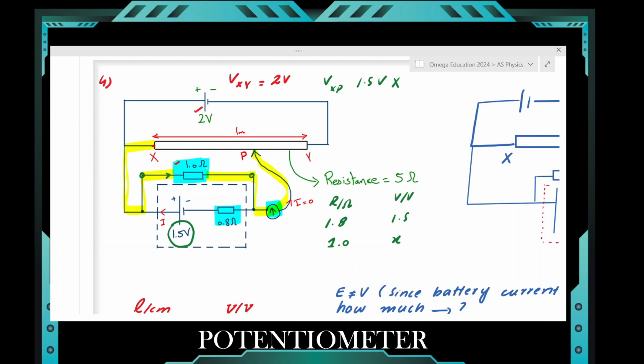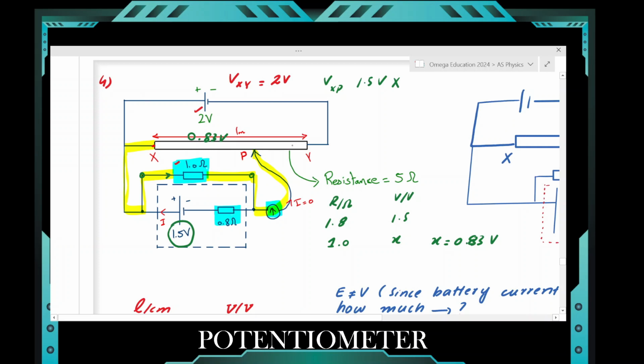So what we get for this one is 0.83. So X equals 0.83 volts. So what does that mean? The voltage across the 1 ohm resistor is 0.83 volts, and that would be the voltage between the points X.